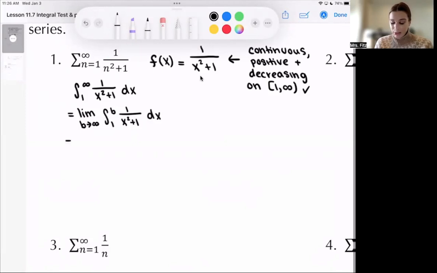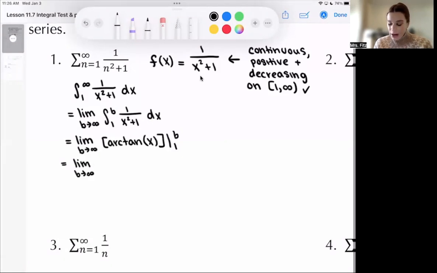So we have the limit as b approaches infinity of arctangent of x, evaluated from 1 to b. So then we have the limit as b approaches infinity of arctangent of b minus arctangent of 1, or inverse tangent, however you want to write that.